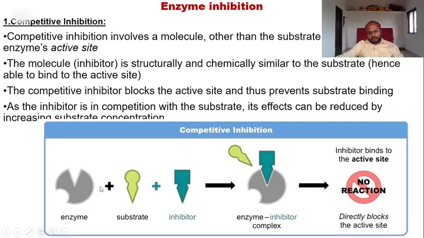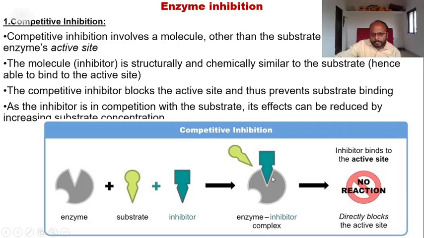So let me repeat again. Suppose this is the enzyme. In the reaction mixture there is this substrate, and there is also another substrate. This other substrate acts as an inhibitor, and this inhibitor competes with the main substrate, and instead of the substrate the enzyme acts on this inhibitor, and an enzyme-inhibitor complex is formed.